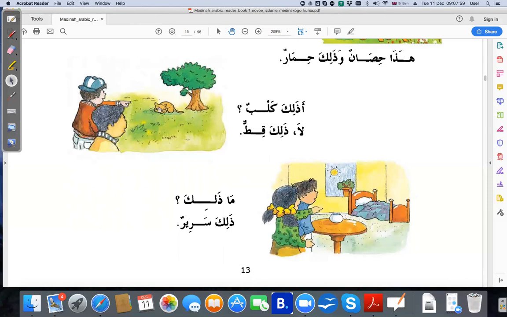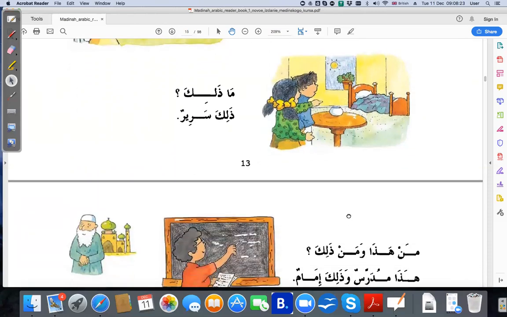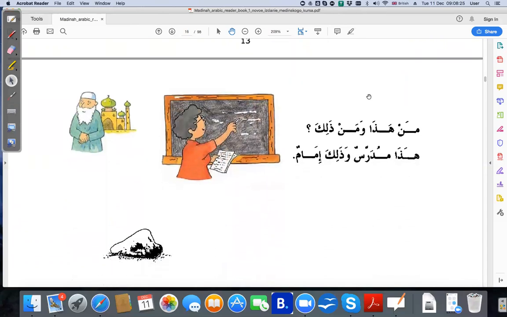His friend will say, no, it's not a dog, it is a cat. لا, ذلك قط. No, that is a cat. ما ذلك. What is that? ذلك سرير. That is a bed. This is for this page.